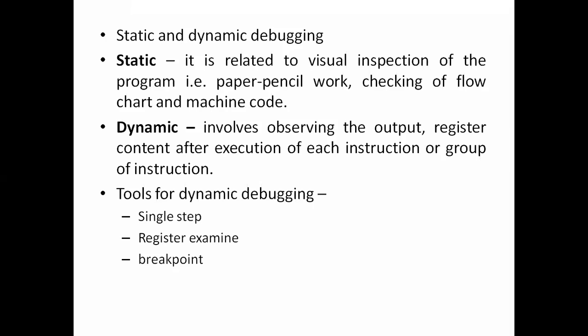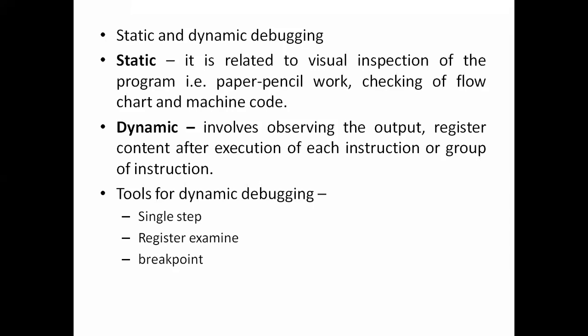So static debugging is a kind of visual inspection. It is a kind of paper pencil work, that is checking whether the flowchart is going correctly or not, or whatever machine code, meaning the hex code, you are using. All the work related to paper pencil work is associated with this debugging. If you have drawn a flowchart and you find that a correction is required because it is not functioning properly, then that kind of debugging is called static debugging.